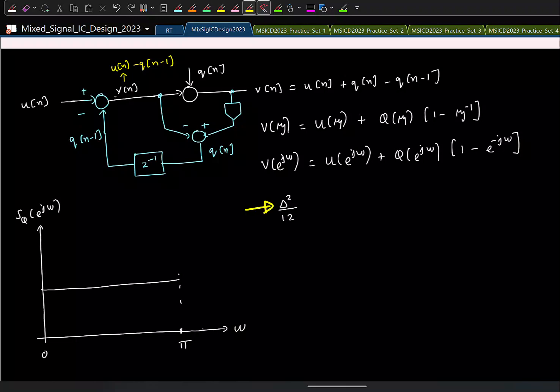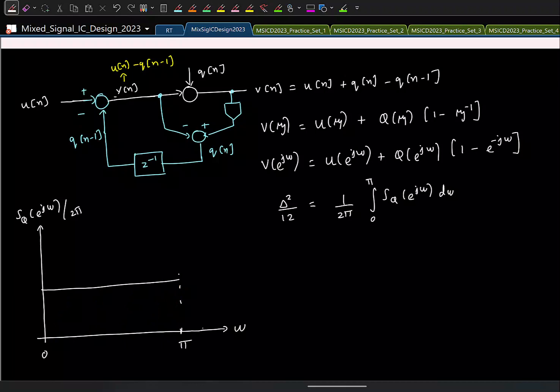Mean squared value is basically the power, right? Yes, it's the area, but strictly speaking there's a scaling factor for the single sided power spectral density. So I'll say this is divided by 2 pi, so that this area directly gives me the mean squared value. So the area of this rectangle is delta square by 12.